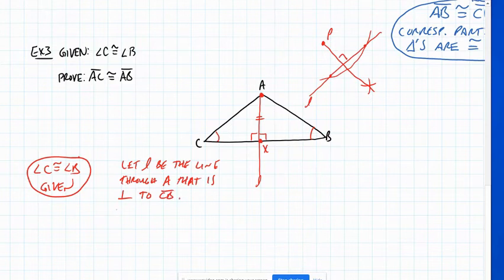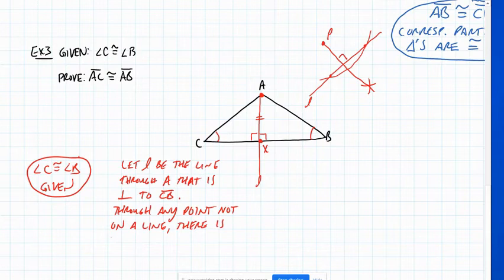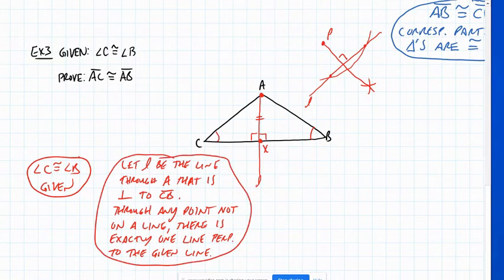The reason why we can do that is through any point not on a line, there is exactly 1 line perpendicular to the given line. Okay, so that's a lot of writing for a flowchart proof, but we kind of need all that.